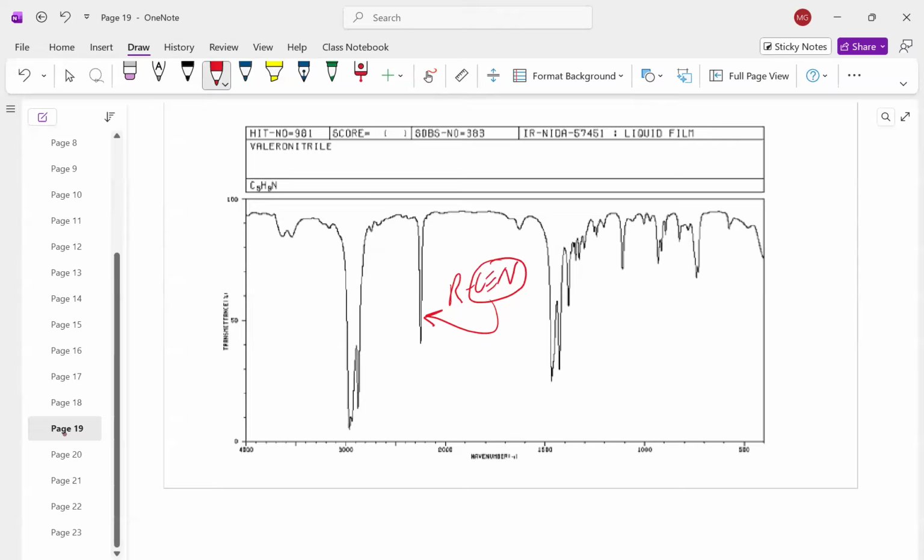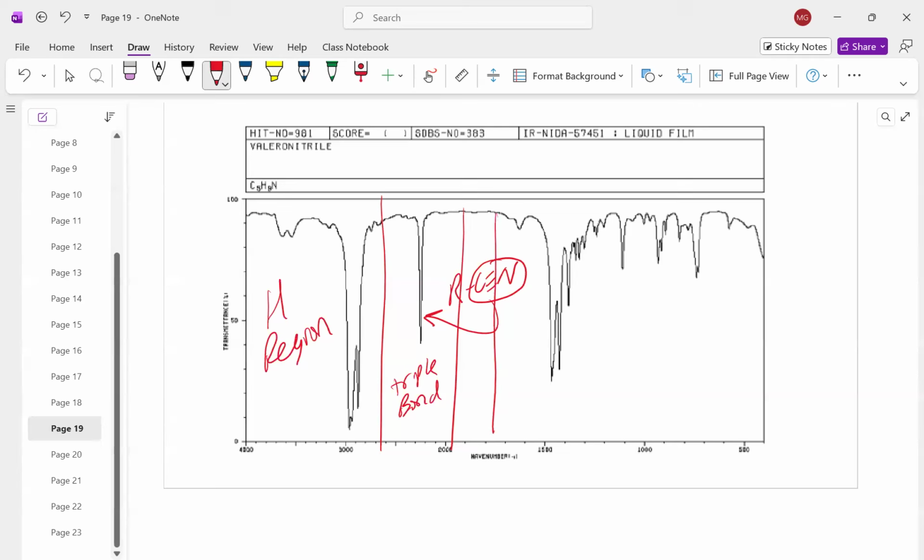So this is why, as I've said in the past, it's advantageous for you to break this up into regions. So you have your hydrogen region, so anything bonded to hydrogen. Then you got your triple bond region, and then you got your double bond region.